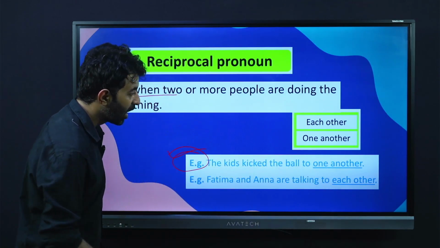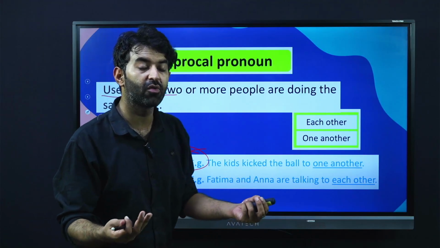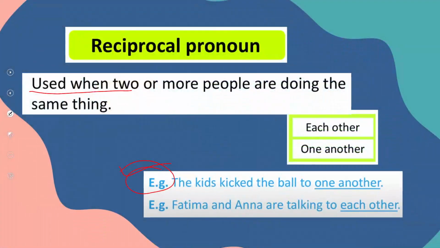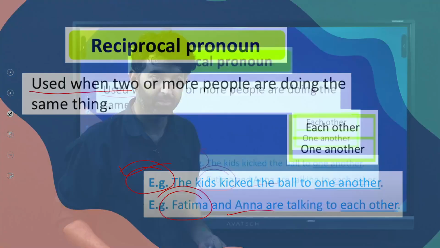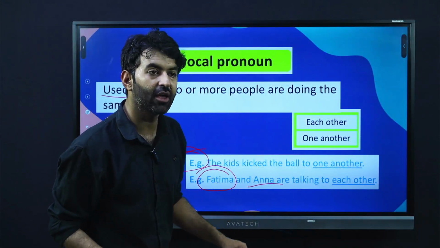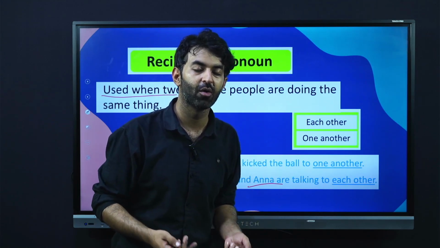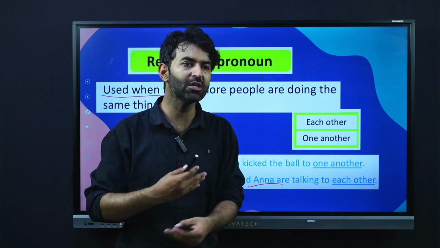All right. How do we use the reciprocal pronoun each other? Fatima and Anna are talking to each other. Instead of saying Fatima is talking to Anna and Anna is talking to Fatima, we could just say they're talking to each other.